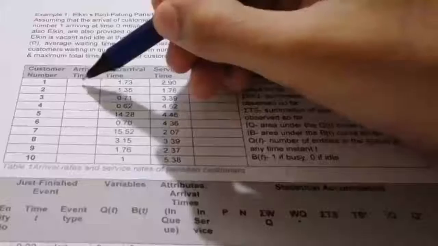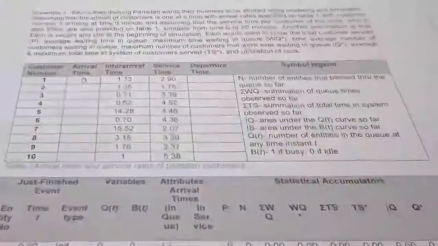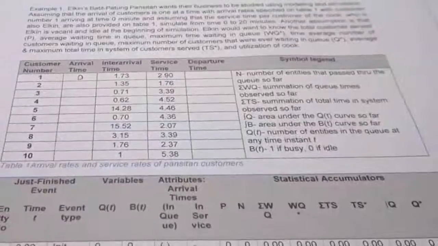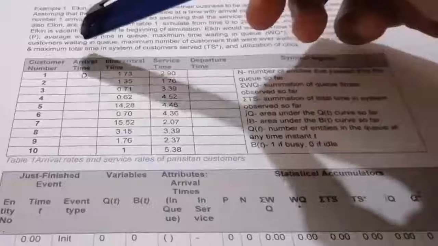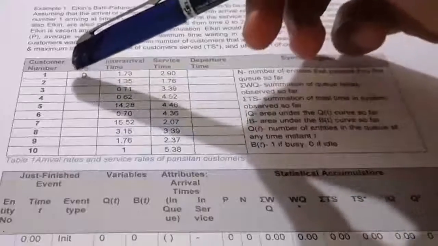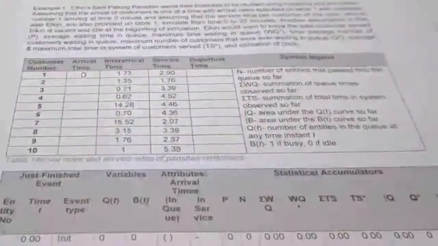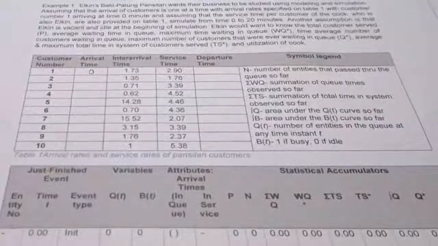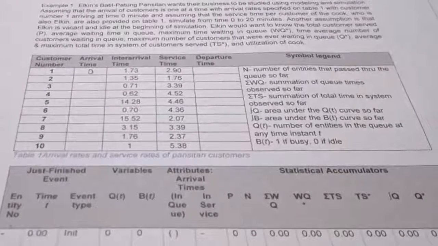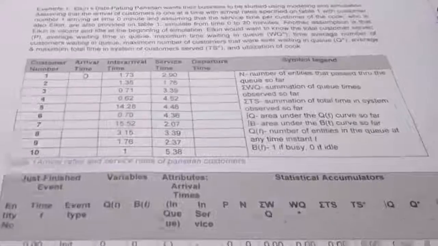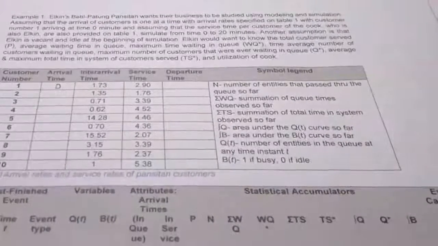Okay. After knowing that, we can now compute all of the remaining arrival times from customer number 2 until customer number 10. But before doing that, let's just explain first the symbologies.